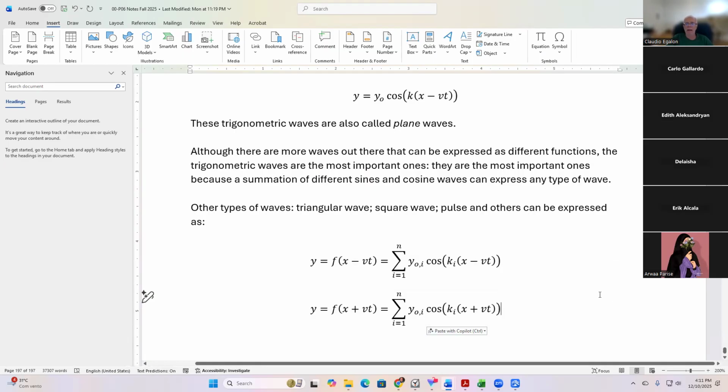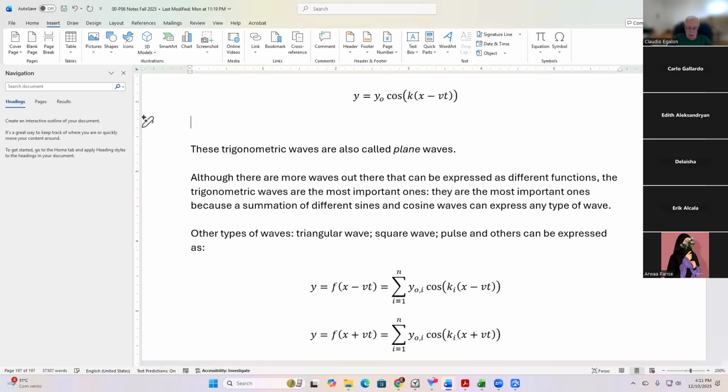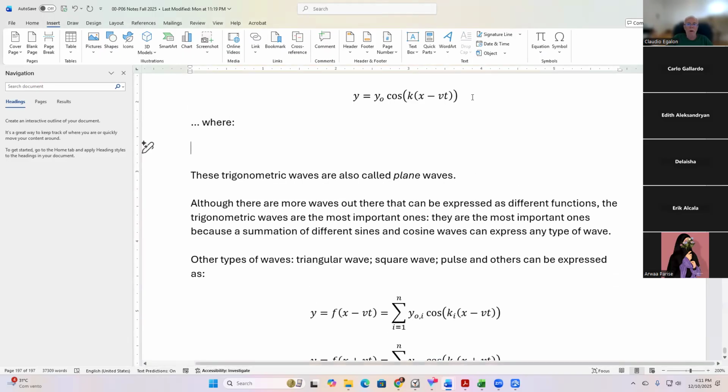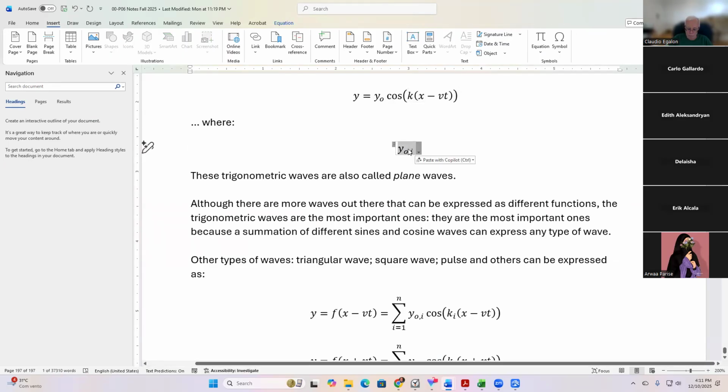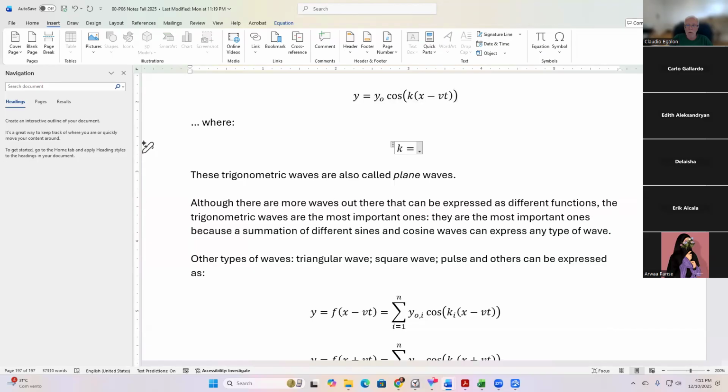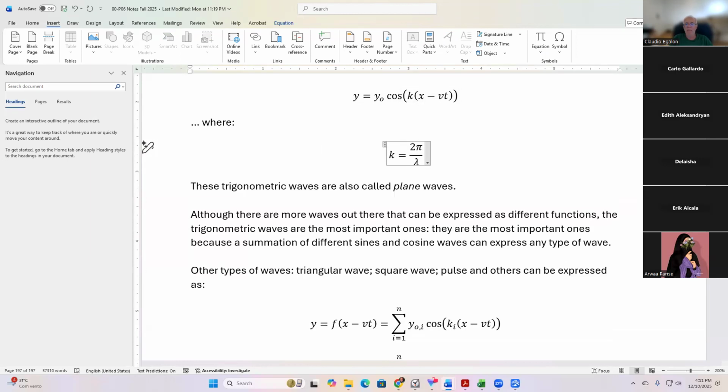I didn't tell you what this k represents. Let me write it down right in here. k is equal to 2 pi divided by lambda, divided by the wavelength, right?